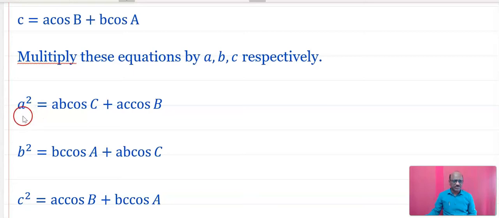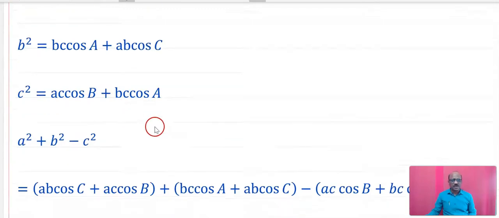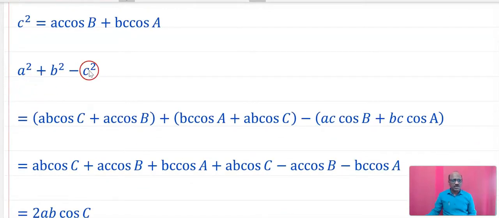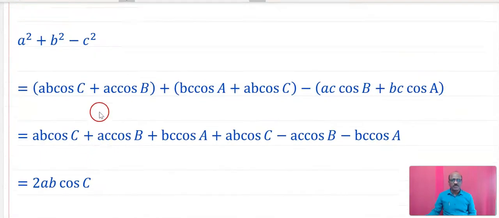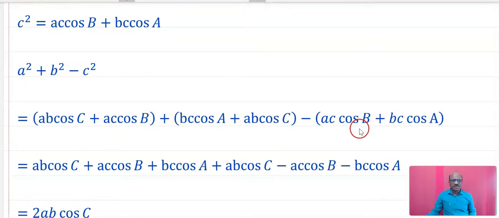That is a square is equal to ab cos C plus ac cos B, b square is equal to bc cos A plus ab cos C, c square is equal to ac cos B plus bc cos A. Now a square plus b square minus c square is equal to, first of all we will write the value of a square, then b square and then minus c square. Now simplify this bracket.